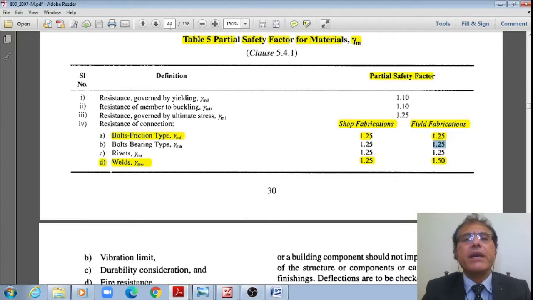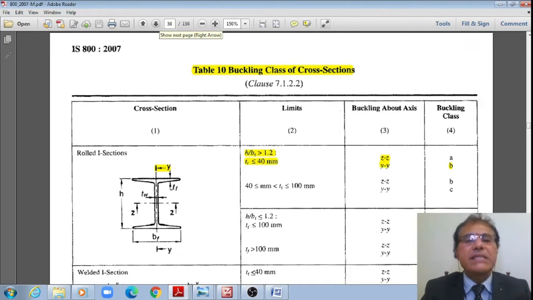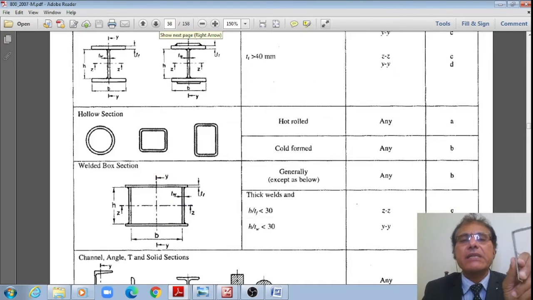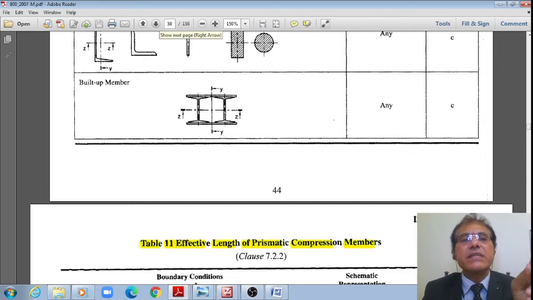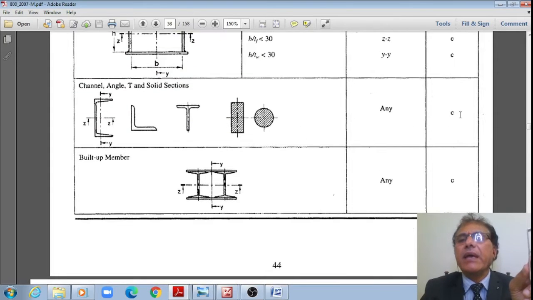From this buckling class table, we can see that these angles about any axis are buckling class C. You please see that, right? Channels and angles belong to buckling class C.